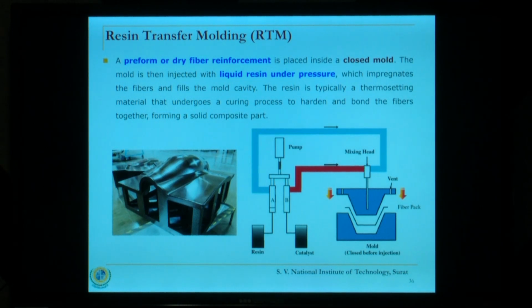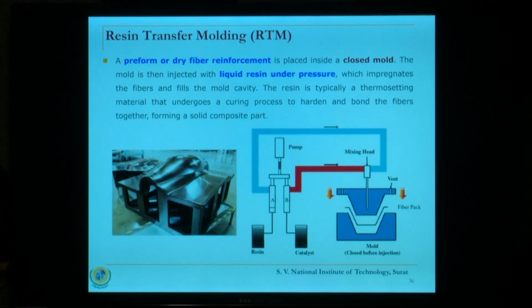Why do you need to put it at certain pressure? Because you may have any complex shape inside the die, and the resin has to reach each and every corner. It may so happen that when it is passing through this space, air may remain entrapped because the resin may not flow the way you want it to flow.